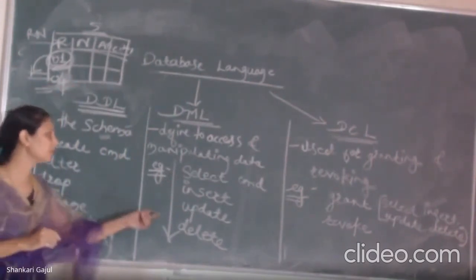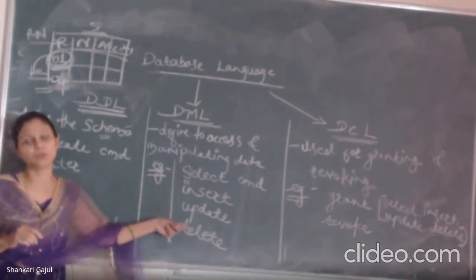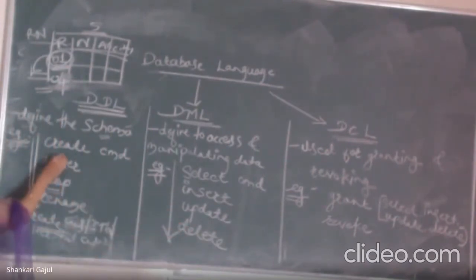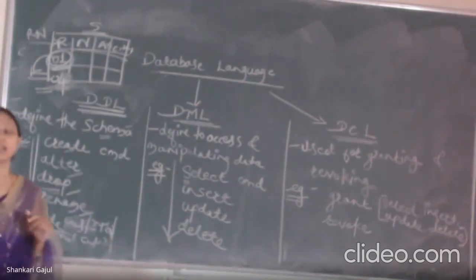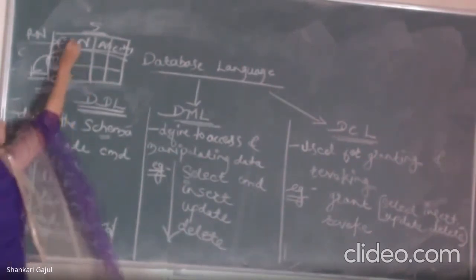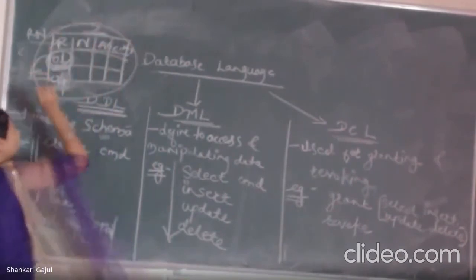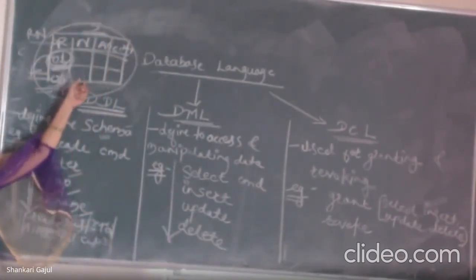So there is a difference between data definition language and the data manipulation language. What is that? So these commands create, alter, drop and rename, these commands are used for doing the operations on the particular table. Okay. So these commands operate on a particular table. Okay.